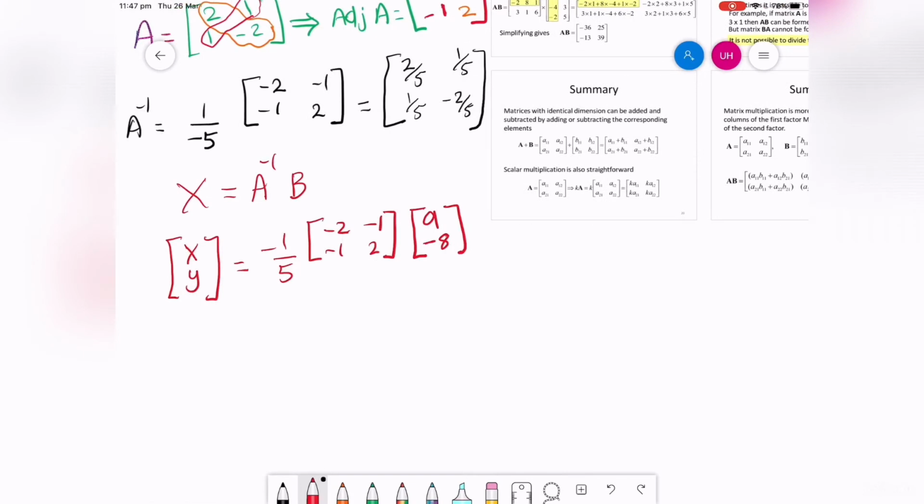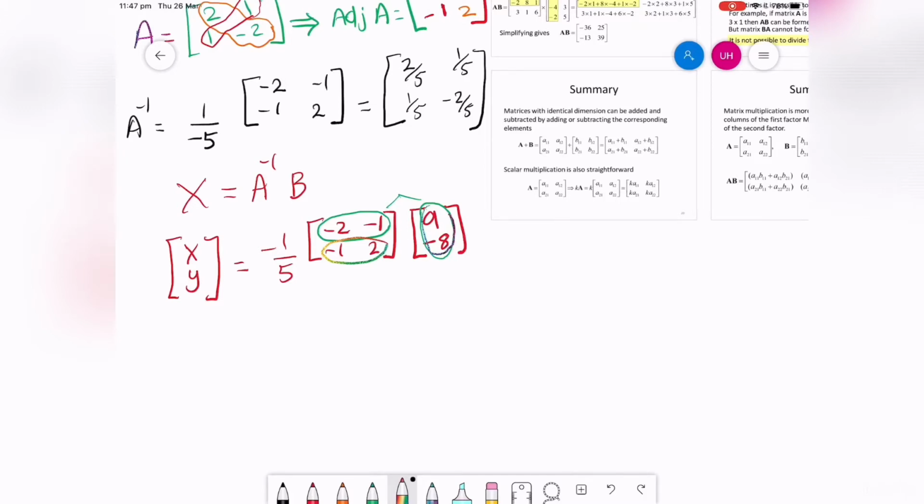We can put the minus 1 over 5 at the end, don't worry, just to make it easier when we multiply. Now we will multiply these two matrices together. We start with the first row with this column, and then the second row with this column again.